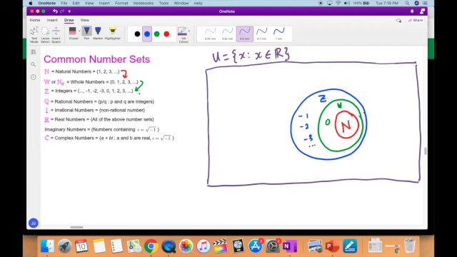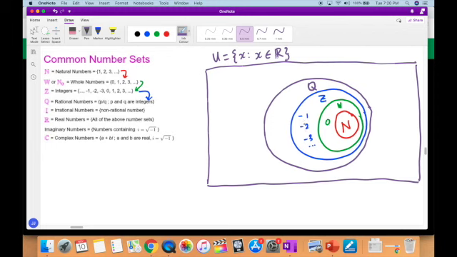But then all of my integers can be found inside of the rational numbers. So now I have a next set like this, where all of the natural, the whole, and the integers can be found inside of the rational numbers, Q. Right?